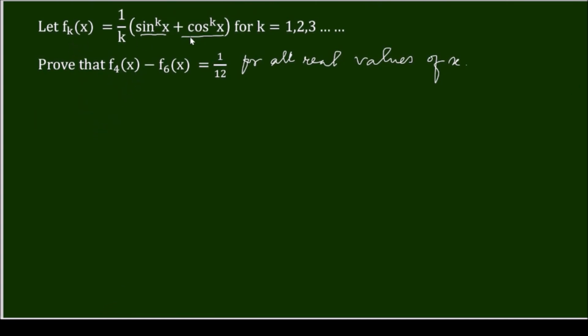Now let us see what is the meaning of this. f k means if we take k equal to 1, then f1 of x equals sin x plus cos x.